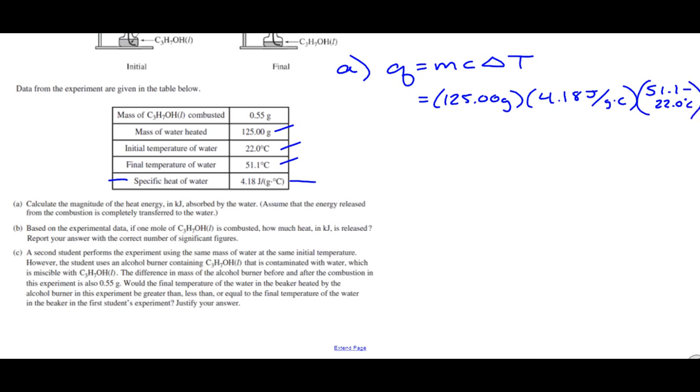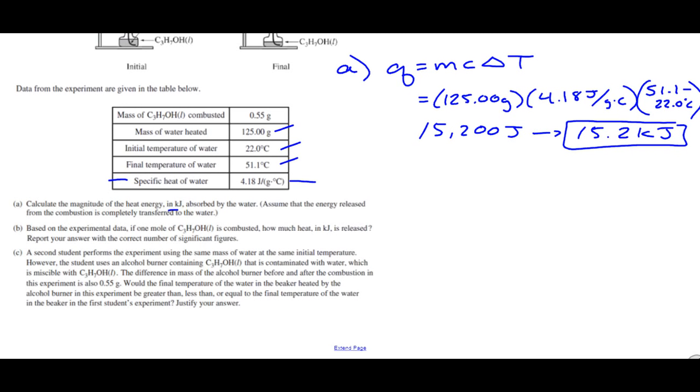And my final answer will be 15,200 joules. Make sure you answer the question the way it's asking. It's asking in kilojoules. So I'll have 15.2 kilojoules. And that would just be a point on your exam.